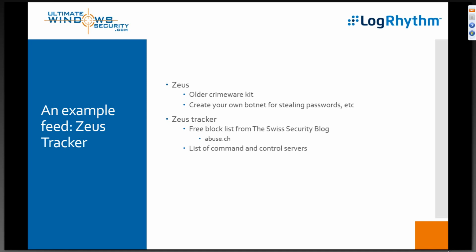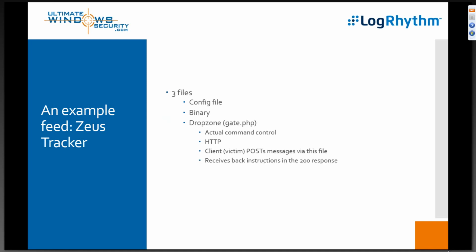Zeus Tracker is published free by the Swiss Security blog. The web address is abuse.ch, you see right there, and it's basically just a list of command and control servers for Zeus. Now, let's just understand a little bit about Zeus.